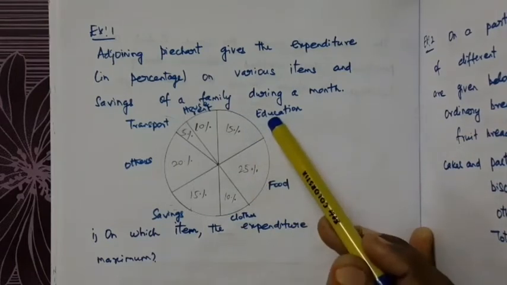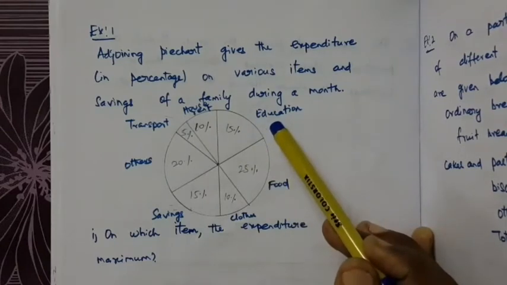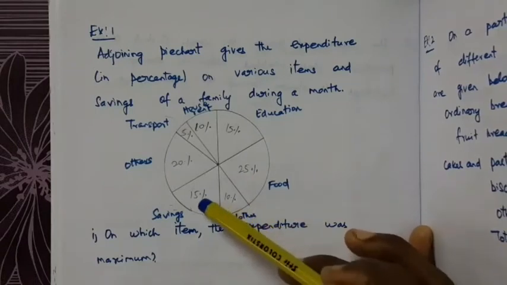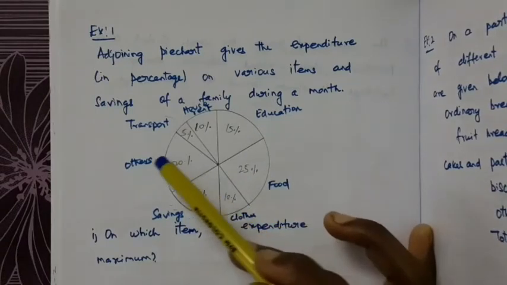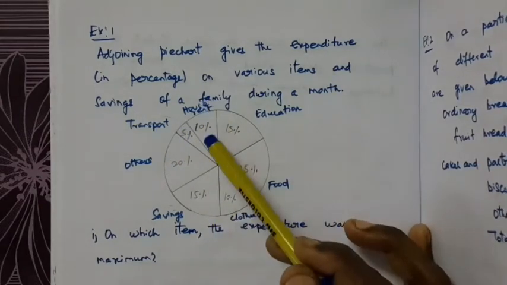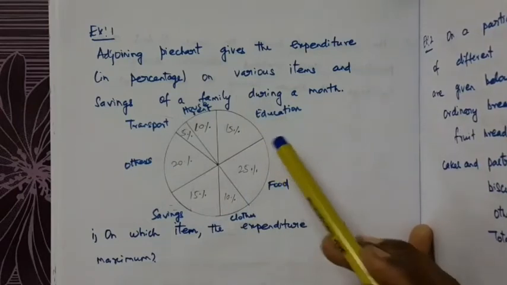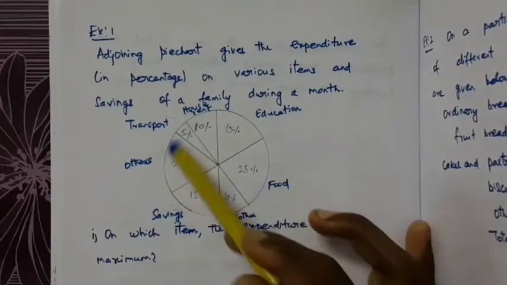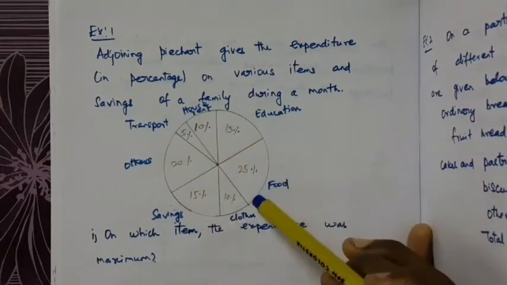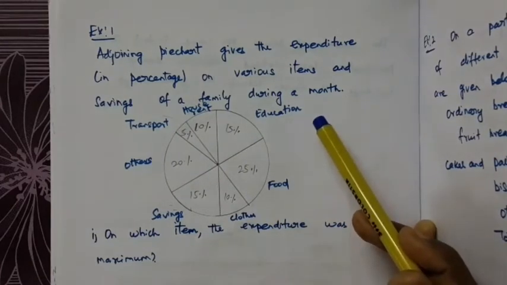Suppose it is education, of the total amount they are earning, they are spending 15% on education, 25% for food, 10% for clothes, 15% they are saving, others 20%, transport 5% and house rent 10%. In the pie chart they didn't give how much amount they are earning per month. They are just telling how much amount they are spending and saving. Okay, this is the saving and this is others they are spending. They didn't say how much amount they are earning in a month.